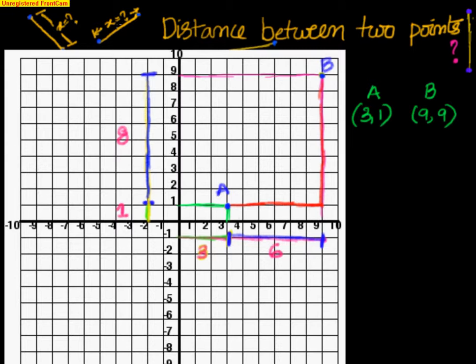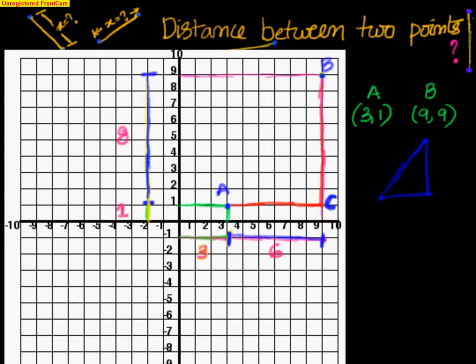Okay, now let us say that this point is C. So I have point A, point B. I have found the horizontal distance between them and I have joined them.